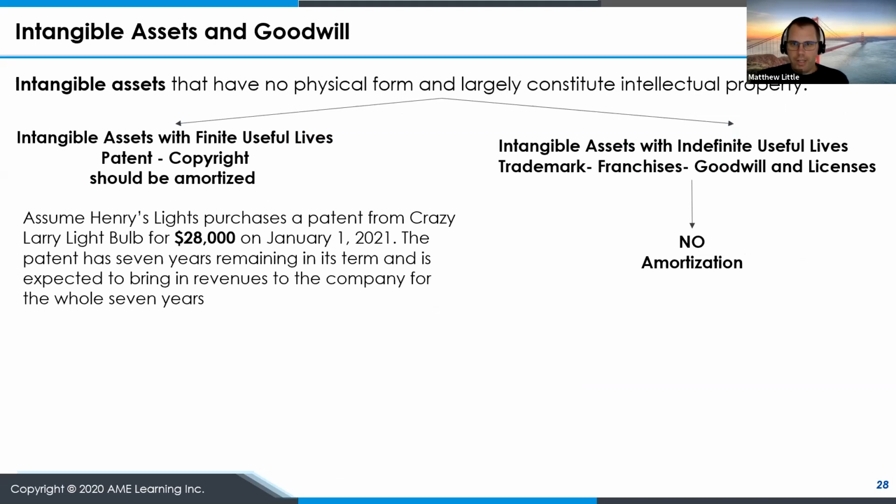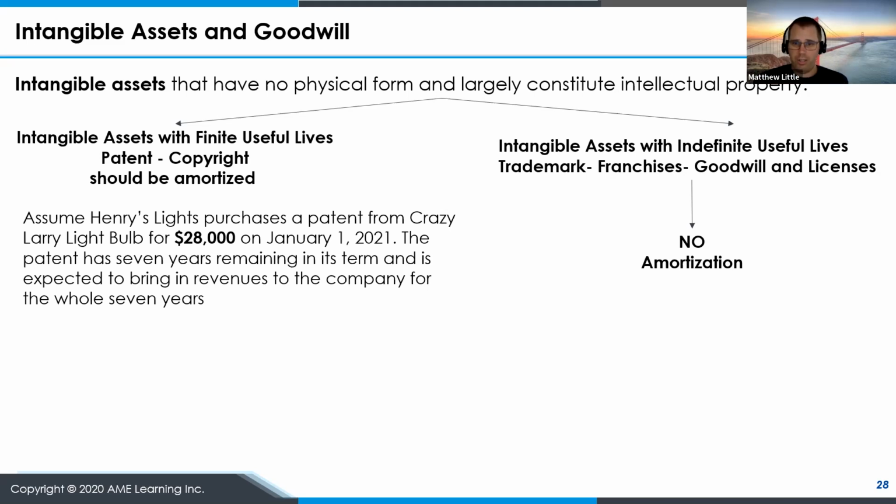Another category of assets are intangible. Like we really can't put our fingers on it. It's nothing that you can touch or feel. A couple of examples: you might have a patent or a copyright on something that nobody can copy, so it's worth value, and you should amortize it over the life of that patent.